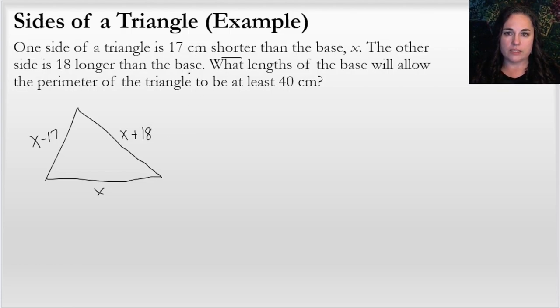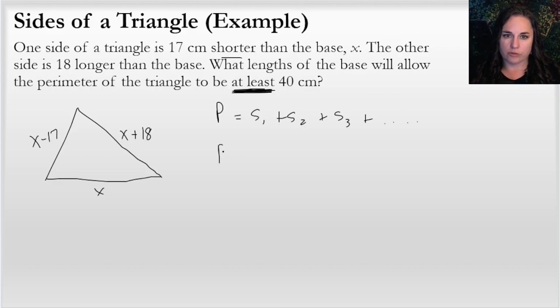What's the length of the base that will allow the perimeter of the triangle to be at least 40 centimeters? So that's how I know that this is an inequality, because it has the words at least in here. I know the perimeter is, if I add all the sides together, I can generalize this for any object, but I have just sides here of a triangle.